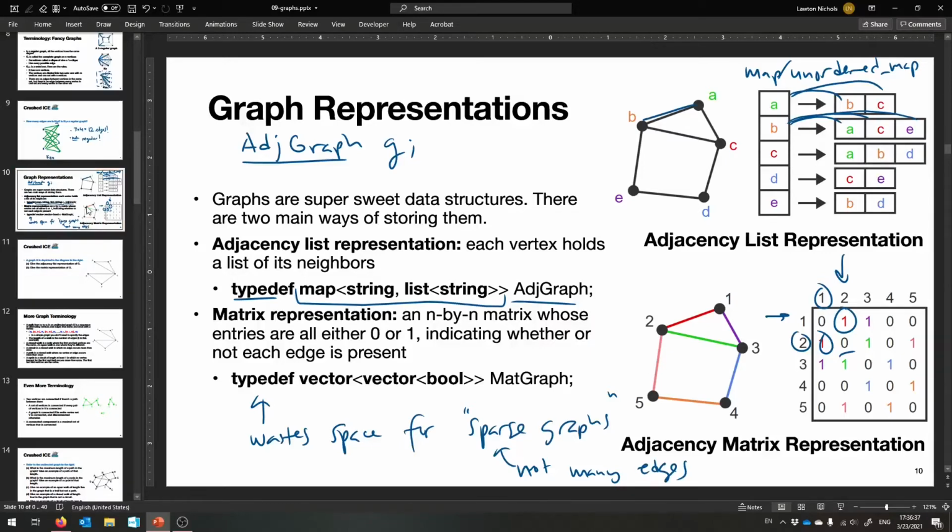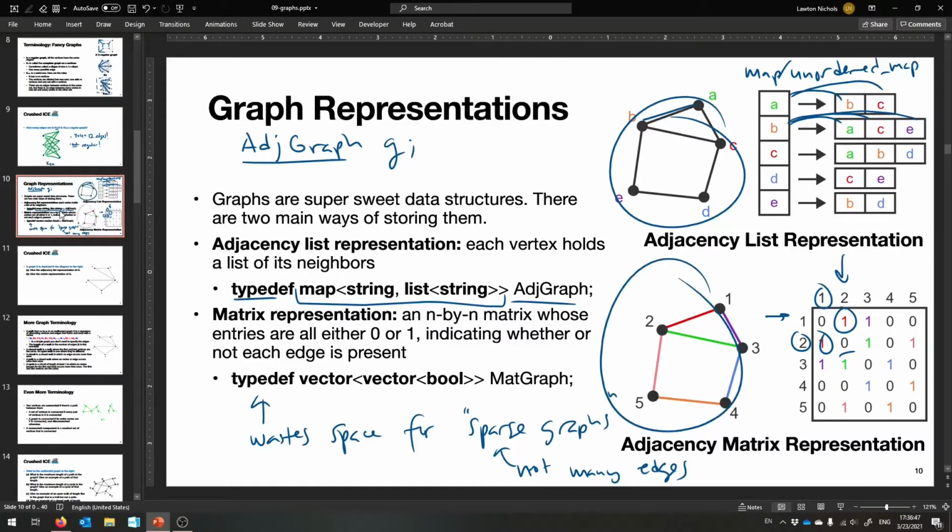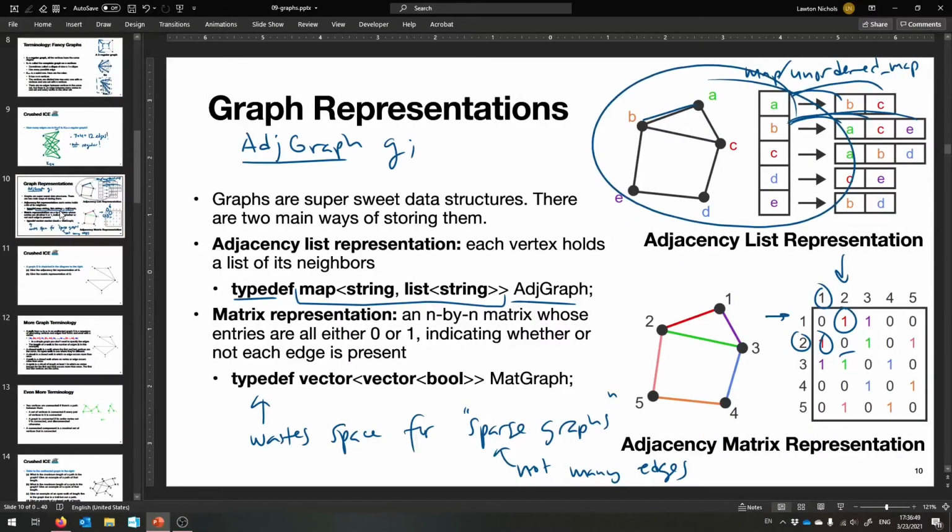Very often you don't get a clique like this, a complete graph where you put a 1 in all the places. In that case it makes no difference between using this and this. But this representation is so much better when there's not a whole lot of places that you can go from each vertex. That is the idea. So those are the two ways to represent a graph.